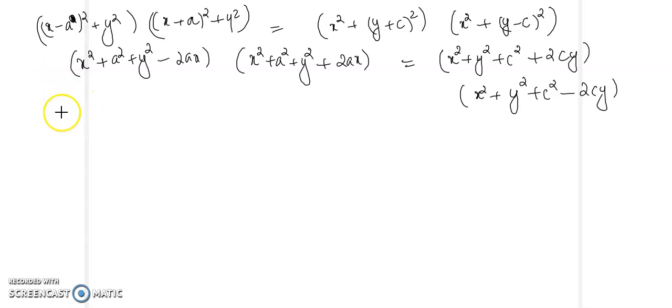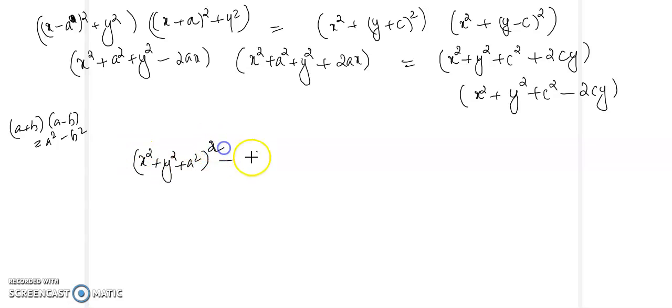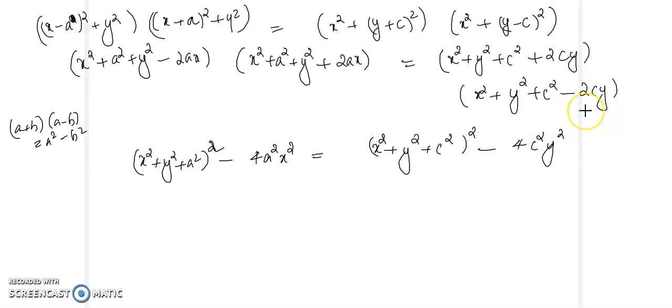Now this is in the form (a plus b) into (a minus b), the formula a square minus b square. So you will get (x square plus y square plus a square) whole square minus 4a square x square equal to (x square plus y square plus c square) whole square minus 4c square y square.